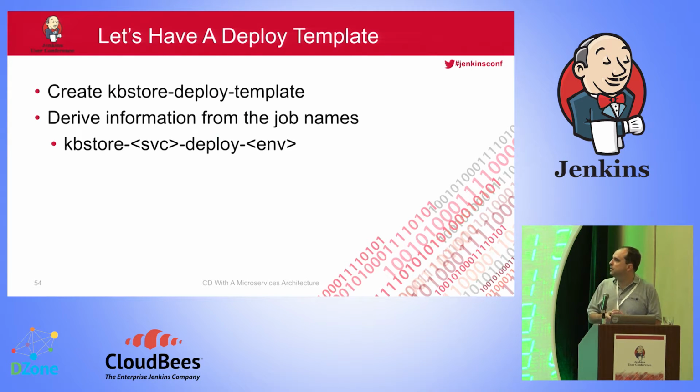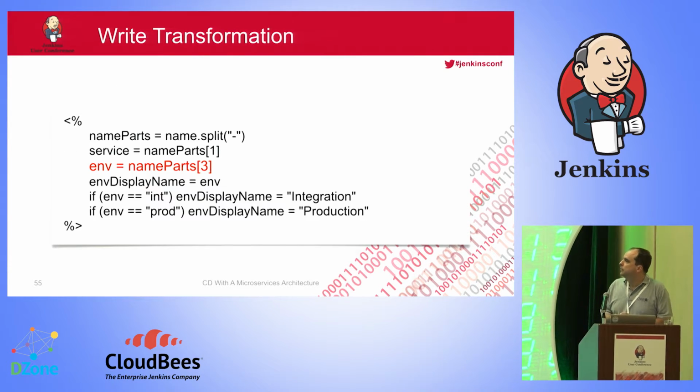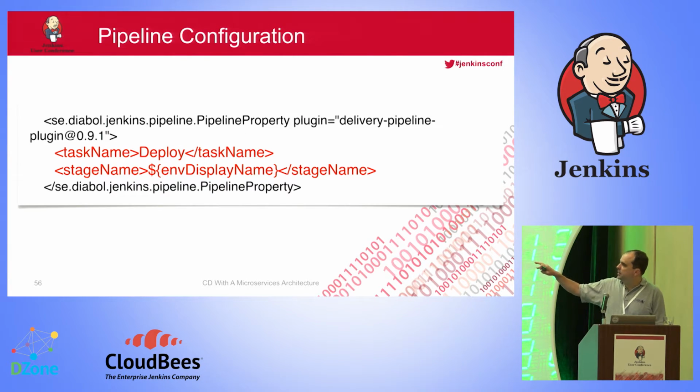So KB store deploy template, and I'm going to use the name to encode an environment. Then in my transformation code, I could pull out that fourth part and assign it to a variable called env. And then I could use that to come up with a display name, and then use the display name in configuring the pipeline stage.